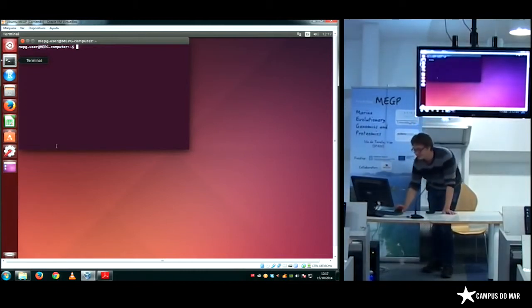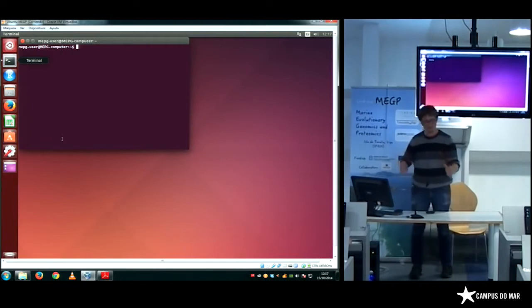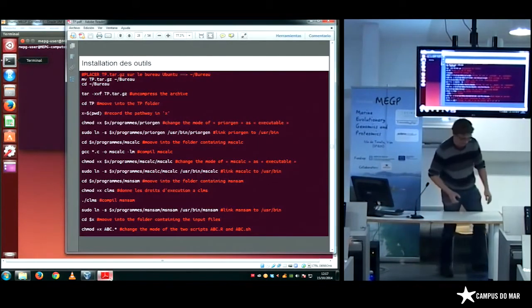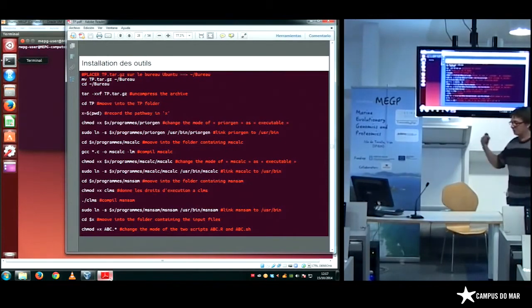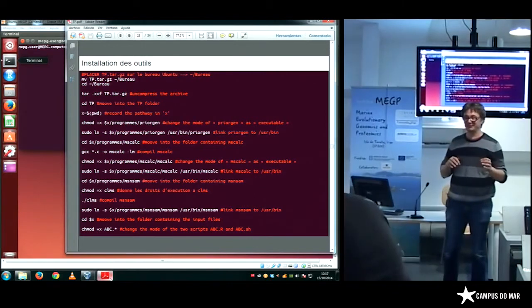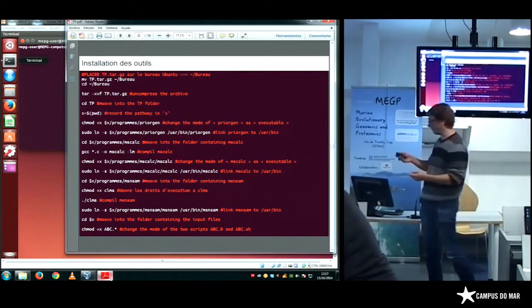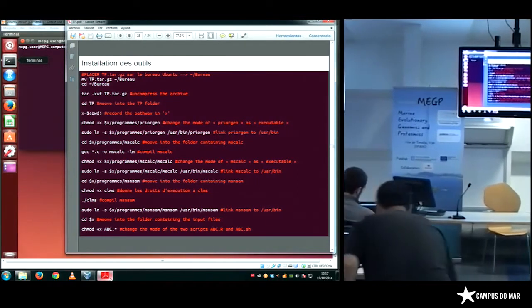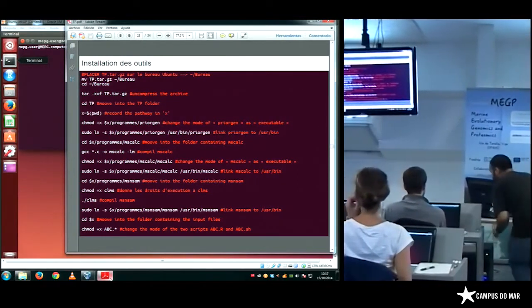Okay. So you open the terminal, and this is the part that is the most informatic. After it's population genetics, but we have to install all the software we need for the analysis.